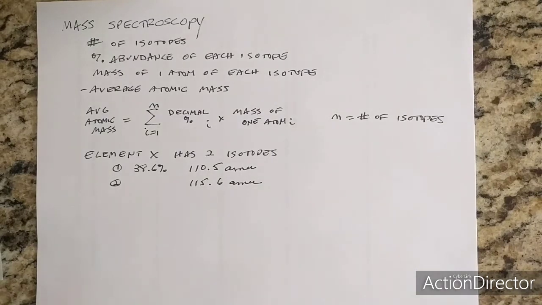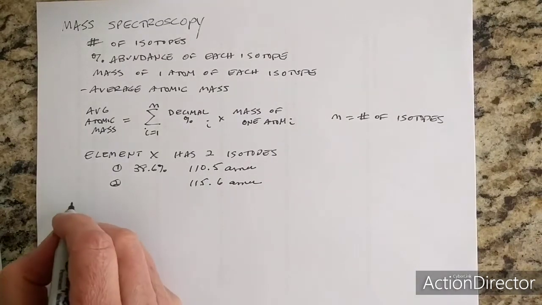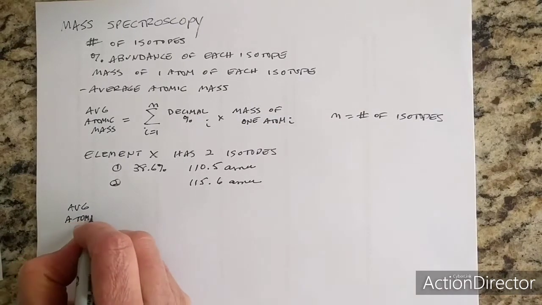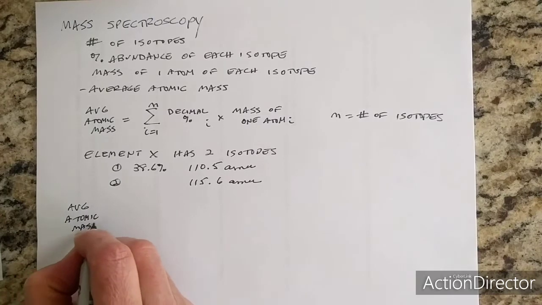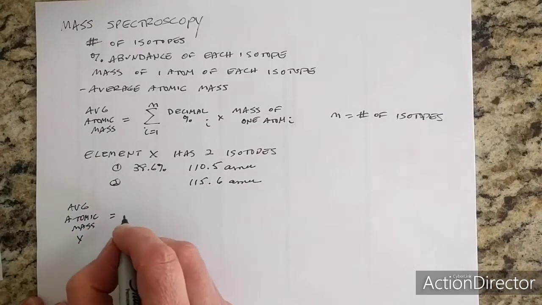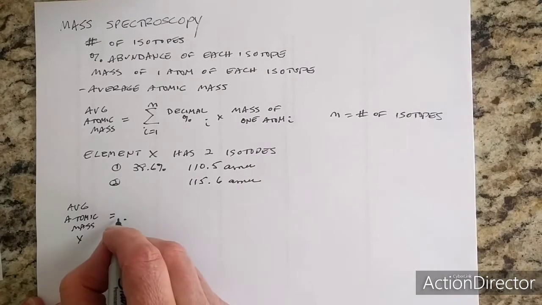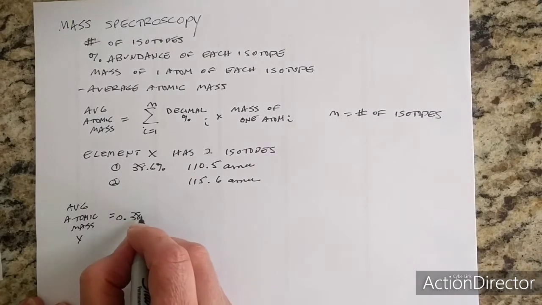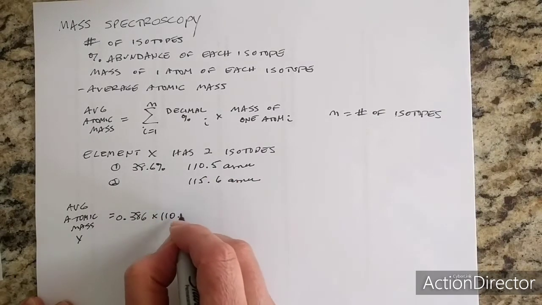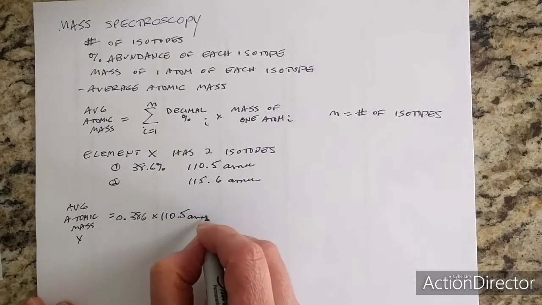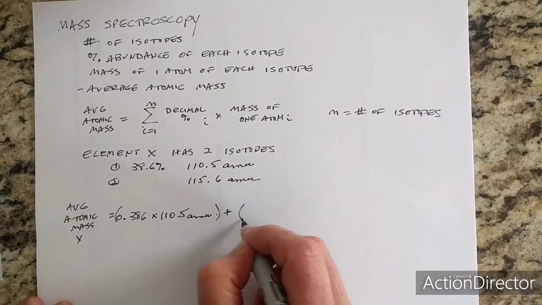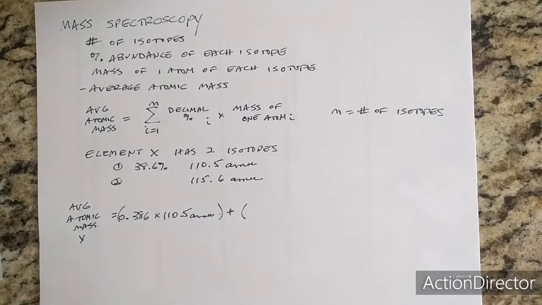All right, so we're going to solve the problem now. So our average atomic mass for element X is equal to the percent abundance of our first isotope, so that is 0.386 times 110.5 atomic mass units, plus, now we need the percent abundance of our second isotope.